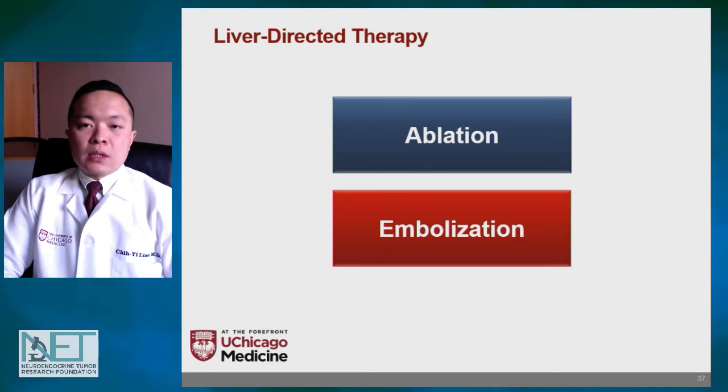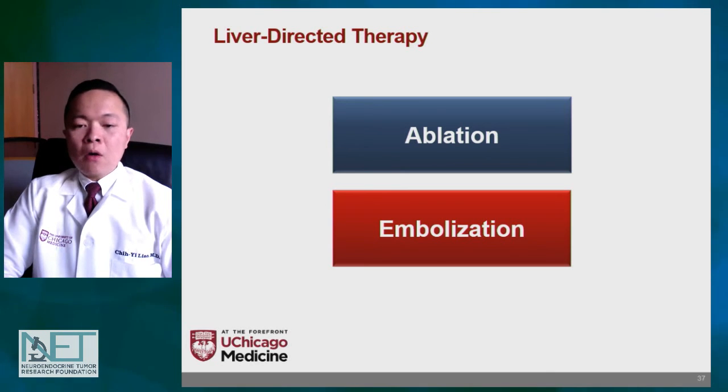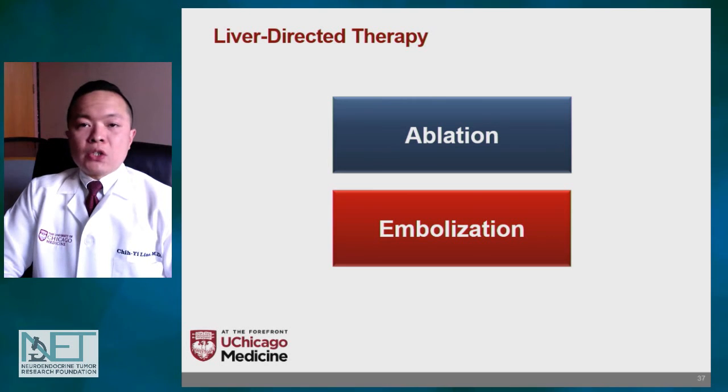And this includes ablation, so these are percutaneous techniques that can involve things like radiofrequency ablation or microwave ablation for small liver tumors, or it can involve something called embolization, which is a technology that takes advantage of the fact that the liver has two different blood supply systems.